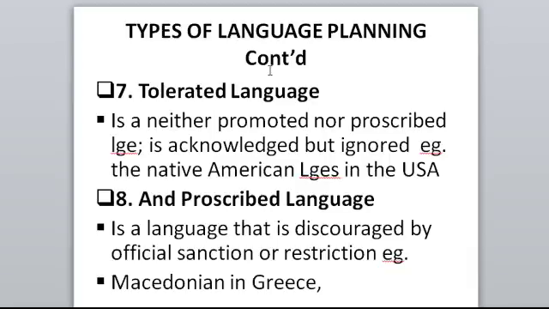In Malawi, at a local level example, you have the vernacular languages which are tolerated. If you get down into the city of Mzuzu, you find that people are speaking in Swahili. And nobody is arrested because of speaking in Swahili, which means Swahili is tolerated.